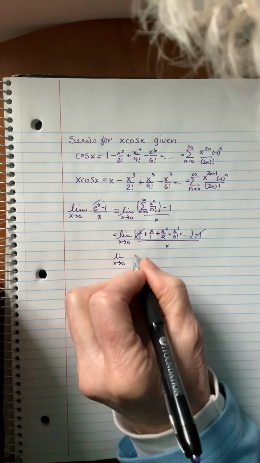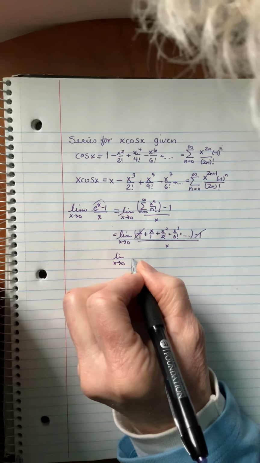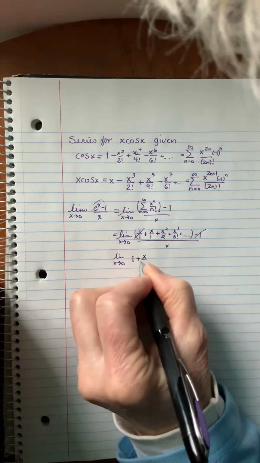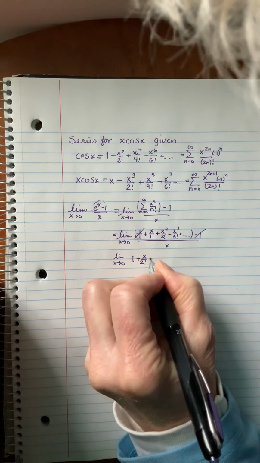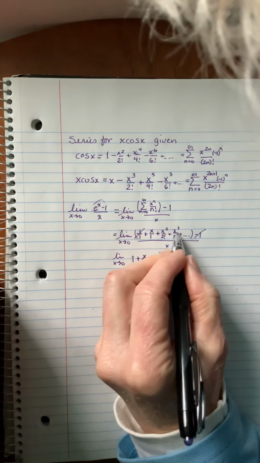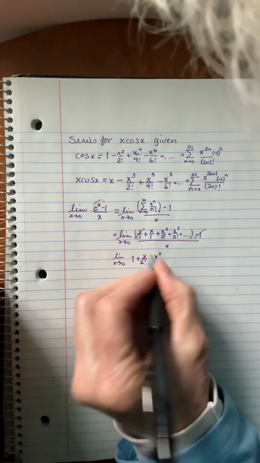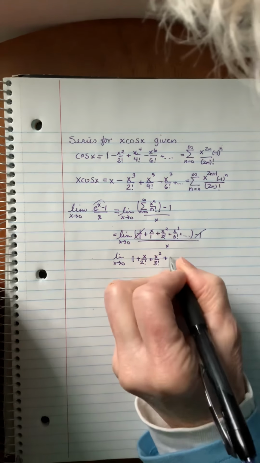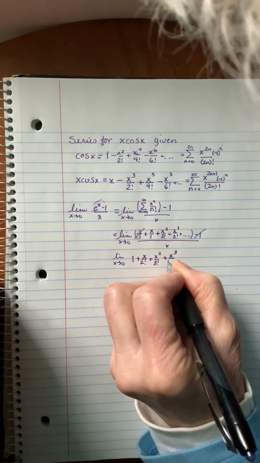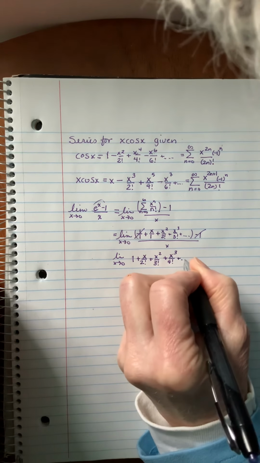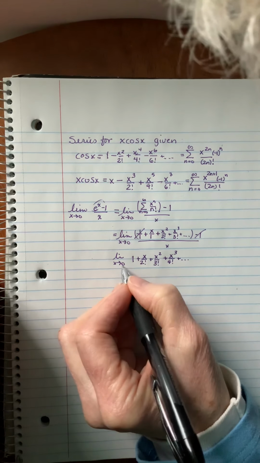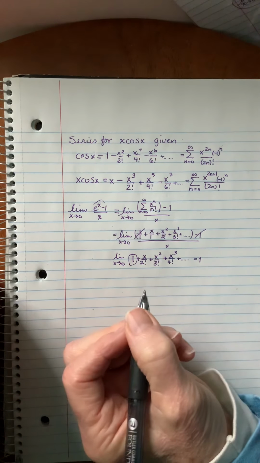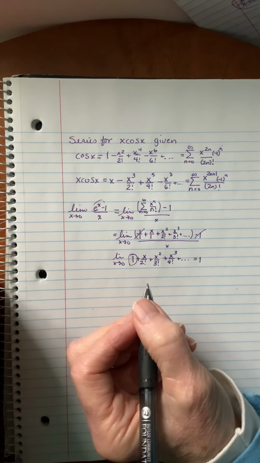We've got 1, because it's x over x, so that is 1, plus x to the 1st over 2 factorial, plus x to the 2nd, these are all dropping down by 1 power of x, over 3 factorial. Next one, if we had it written down, would be x to the third over 4 factorial, etc. Well, you send x to 0, look what you get. You get 1. Kind of a nice result of using series.